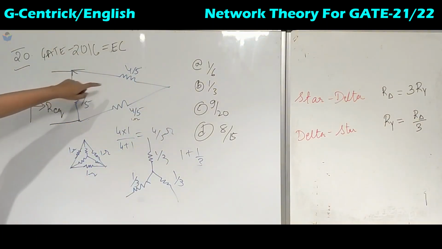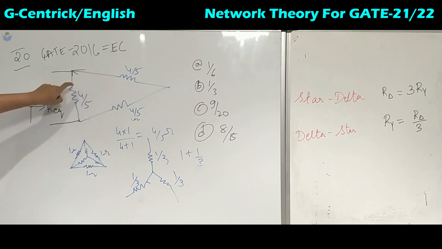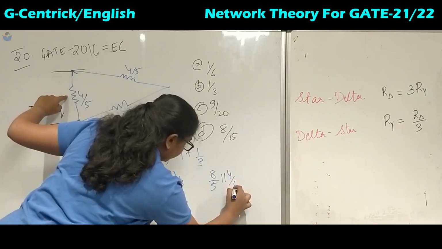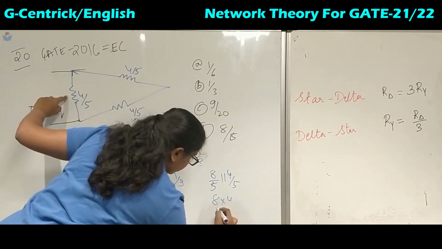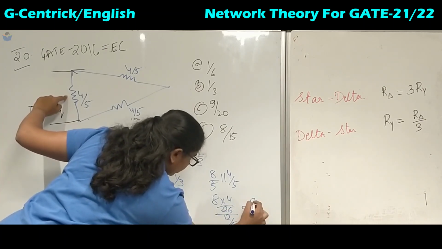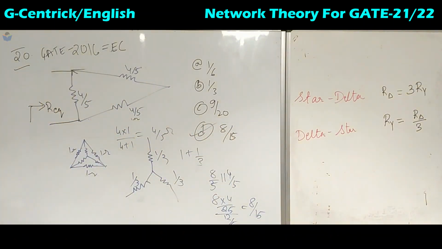Okay. So these both are in series, that is again we will get 8 by 5, 8 by 5 is in parallel with 4 by 5. So 8 by 5 in parallel with 4 by 5, so we will multiply this one, you will get 12 by 5, which will be equal to 8 upon 15. So this is the answer for this question.